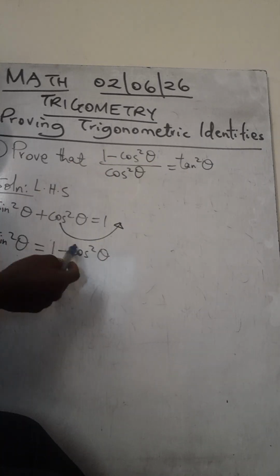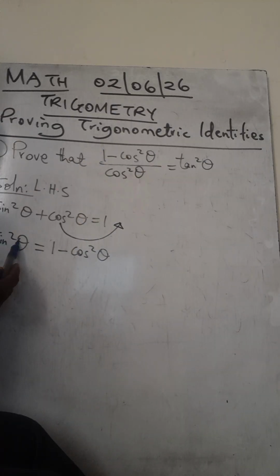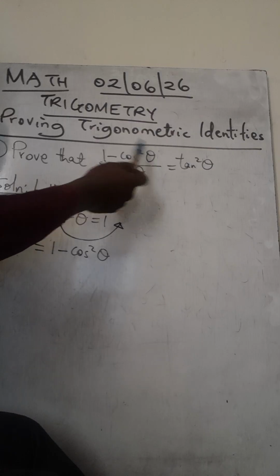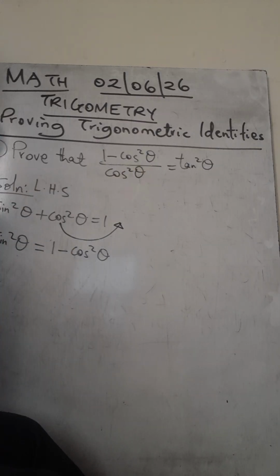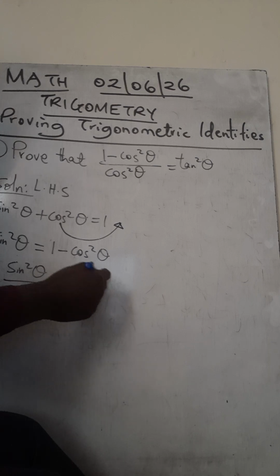So what we can do, we will substitute this part with sine squared of theta. So instead of saying 1 minus cos squared of theta, we say sine squared of theta. So we write sine squared of theta over cos squared of theta. This one over this equals tangent squared of theta.